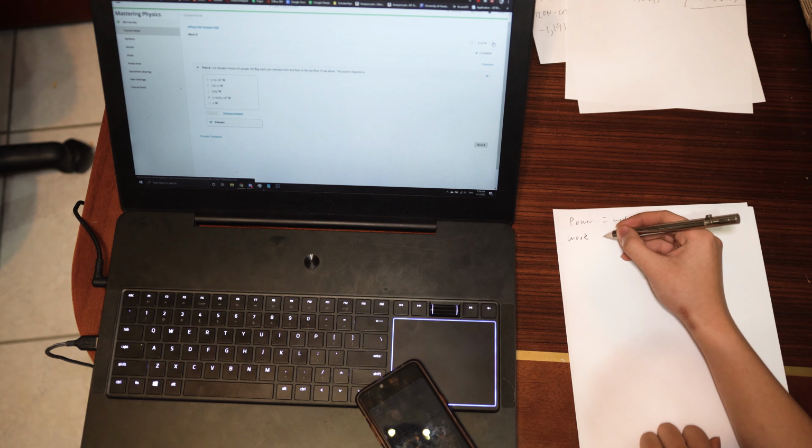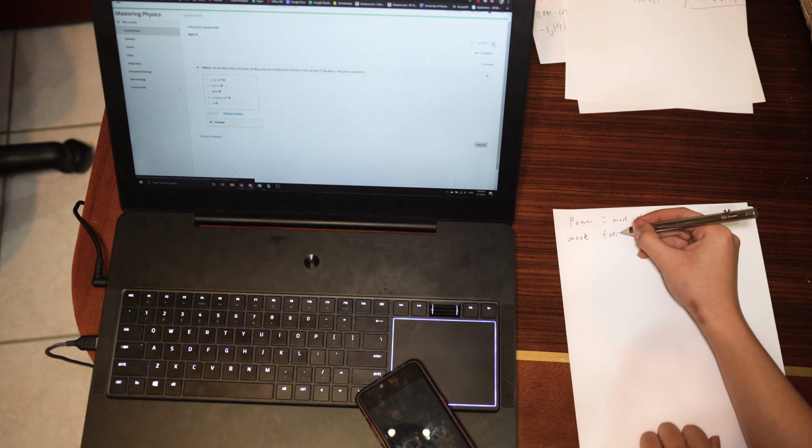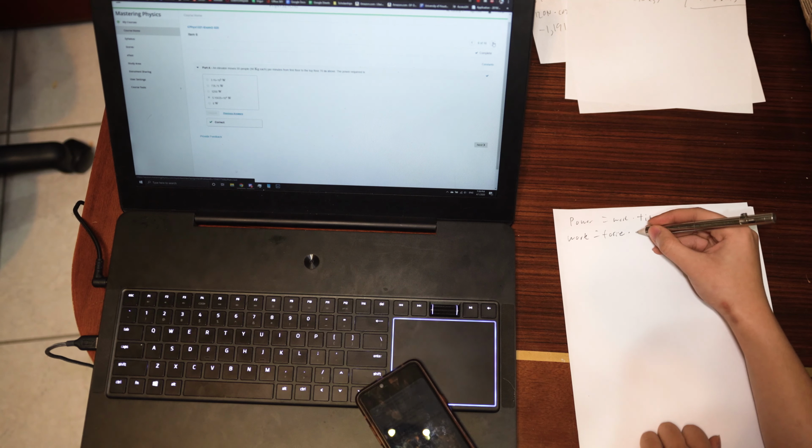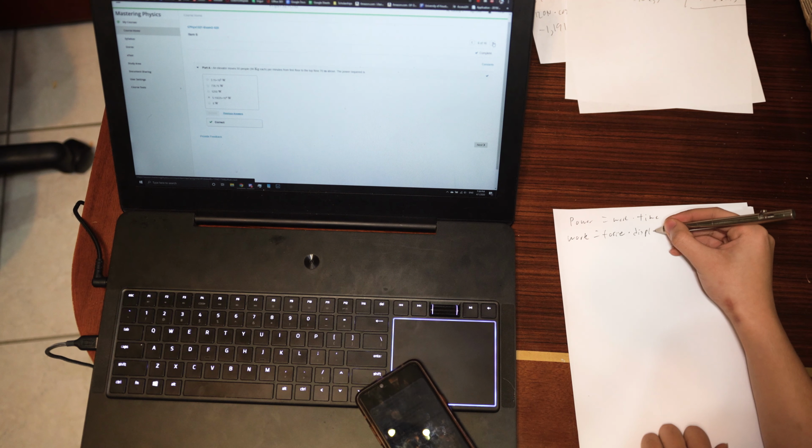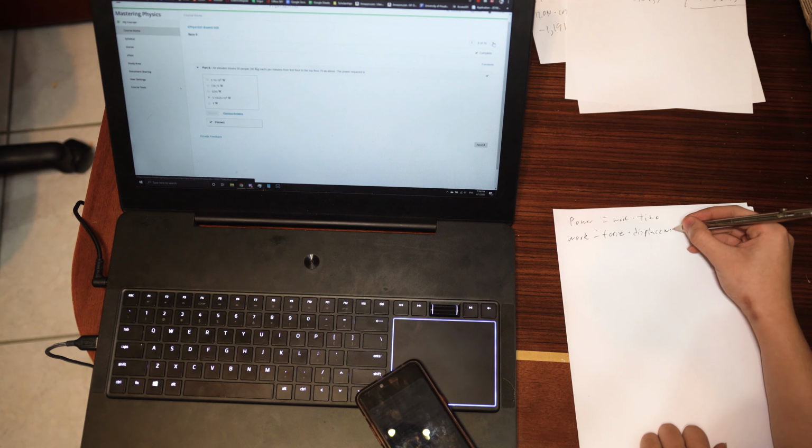So work is all just force times displacement. Well, what's the force? Well, the force is just going to be however much these people weigh times the gravity. So you have 50 people that each weigh 90 kilograms.